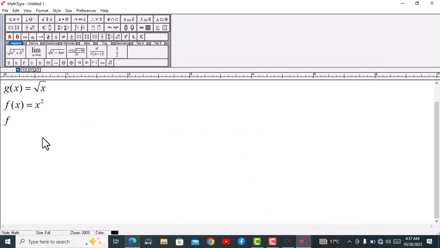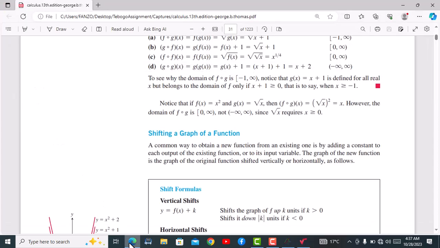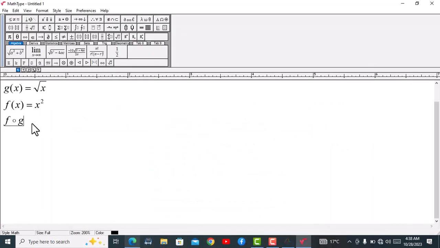Now what is it that Thomas wants? The f o g. So this is what we want. We want f o g. And then how do we calculate that? So we are defining g inside of f. So first of all, we write f, which is x squared, and then from there, let me just use a pointer like this.